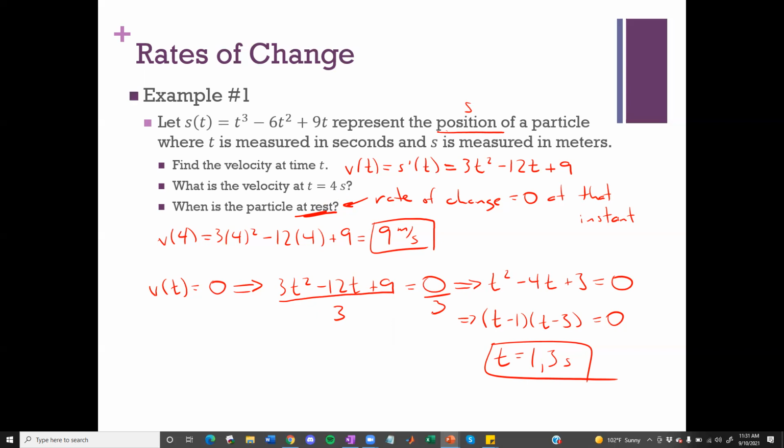Anything else? Go ahead. The short answer is by definition.